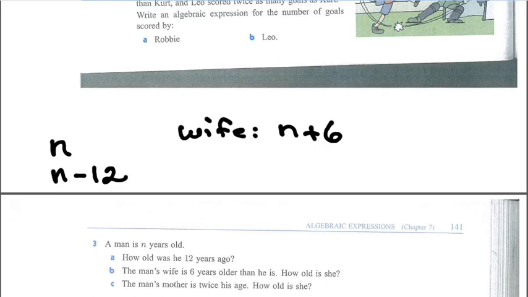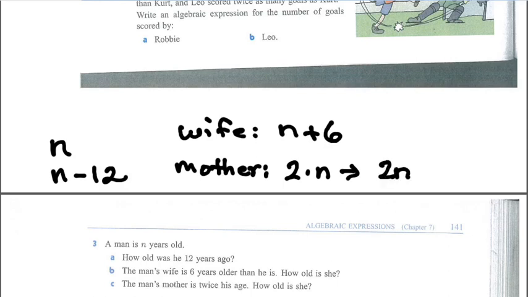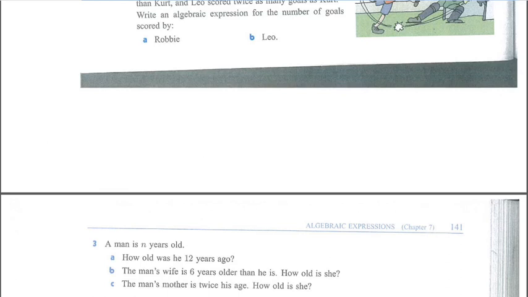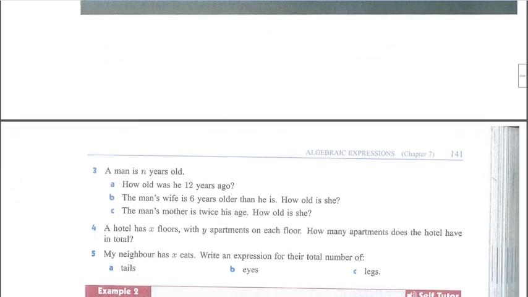The man's mother is twice his age. And twice is simply another way of saying multiplied by what? 2. So it's 2 times N, but even better, what? 2N. Now, when you see the answers written, they're going to be given as 2 times N. But I'd like for you to know the difference. Okay? I wouldn't count off if you wrote 2 times N.